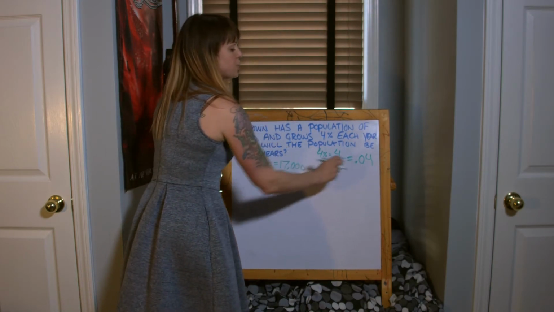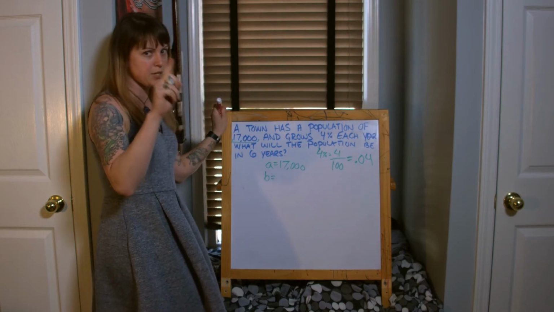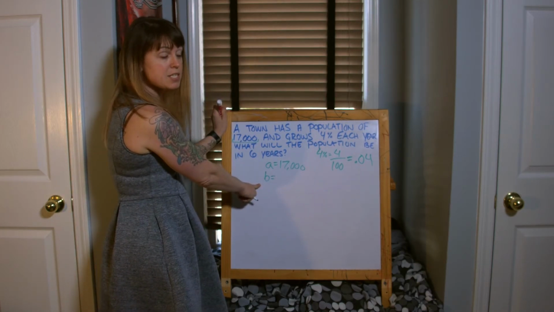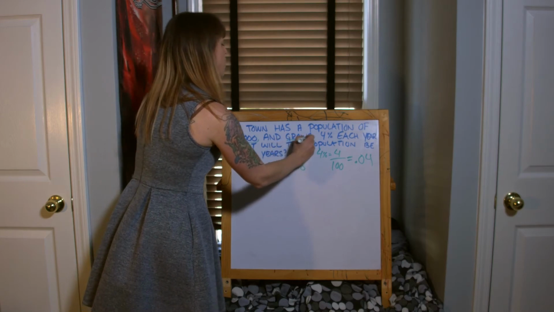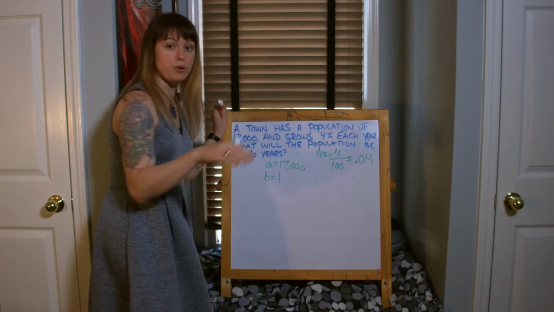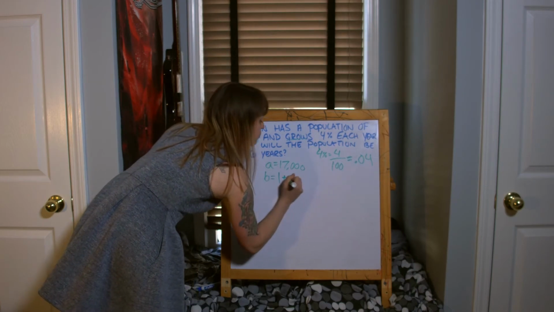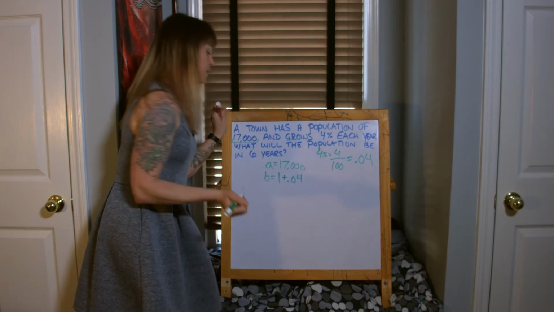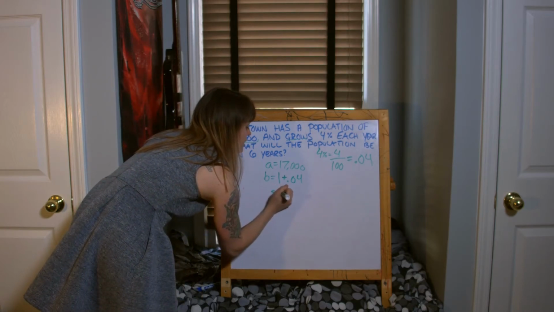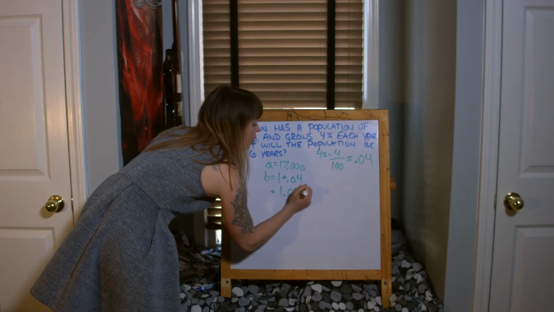So just be careful that you notice that it's not 0.4, it's 0.04. So my rate, this is going to be a growth problem, so I'm going to do my 1, which represents 100%, plus 0.04. So when I add that together, my rate is going to be 1.04.